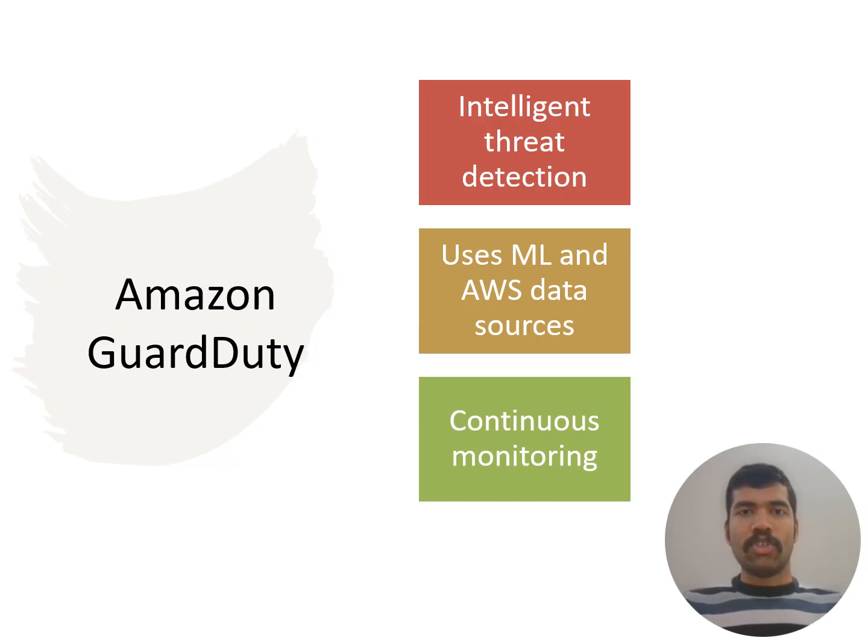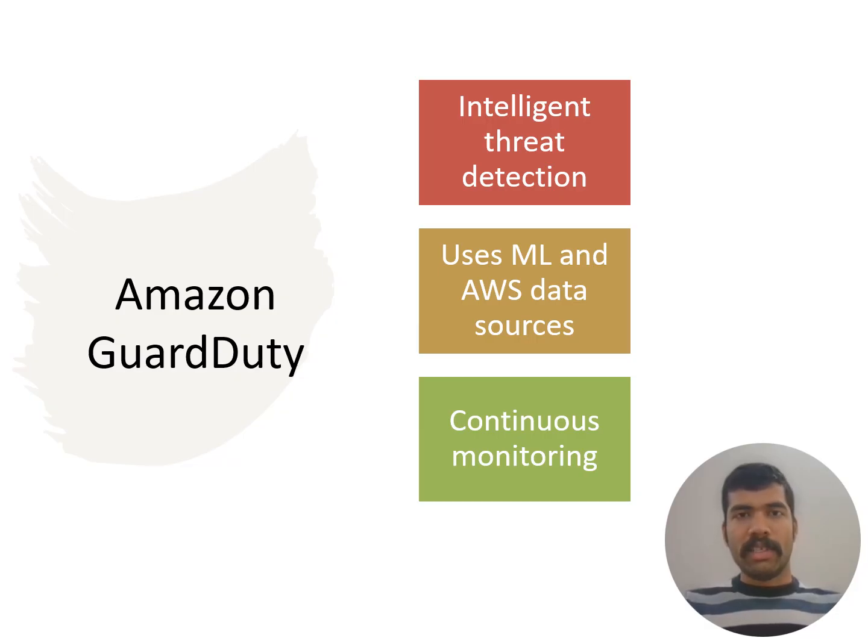It uses machine learning and threat intelligence to automatically identify anomalies such as unauthorized API calls, compromised credentials, or even instances communicating with unknown malicious IP addresses.